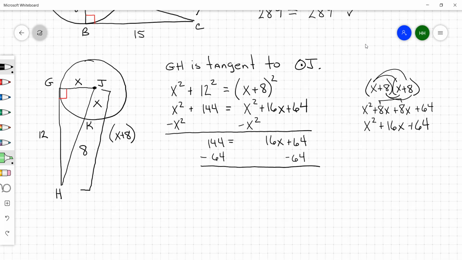And 144 minus 64, that's 80. So we get 80 equals 16x. And then we divide by 16. And 5 is equal to x. And that was the original question. Find the value of x.